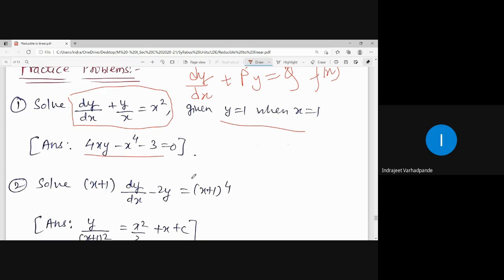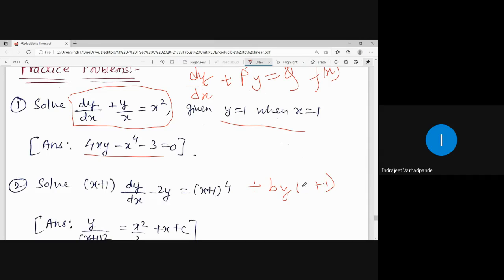The very first step is to divide by x plus 1. Why? Because the requirement is that the coefficient of dy by dx should be 1. After dividing by x plus 1, this will become dy by dx minus 2y upon x plus 1 is equal to x plus 1 to the power 3.